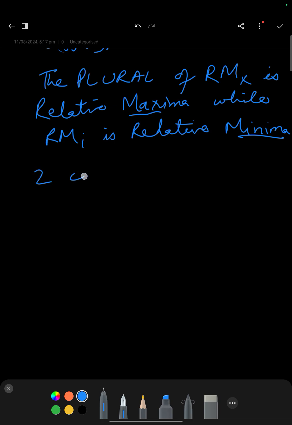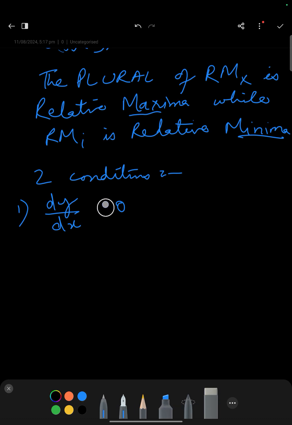The first condition is dy/dx equal to 0, that is, f prime x is equal to 0.